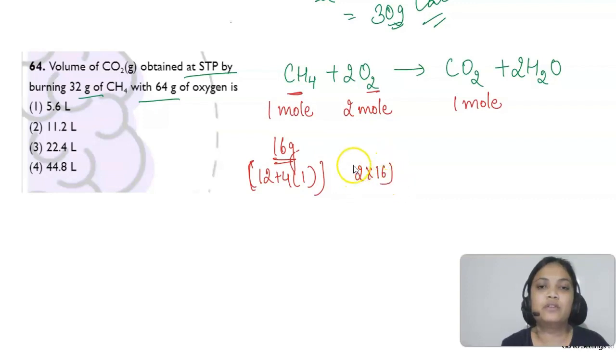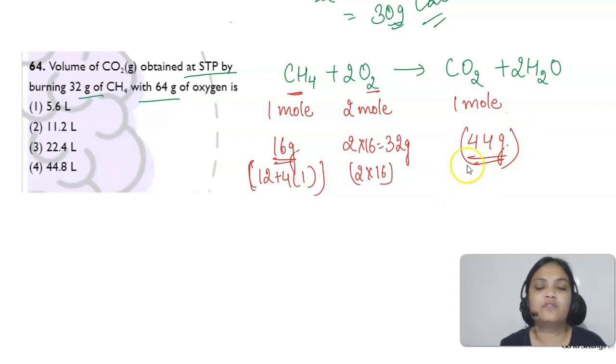Since there are 2 moles, 2 into 16 means 32 grams of oxygen. It will give you 44 grams of carbon dioxide, and the rest is 36 grams of water, which is not required, so we are not writing it.